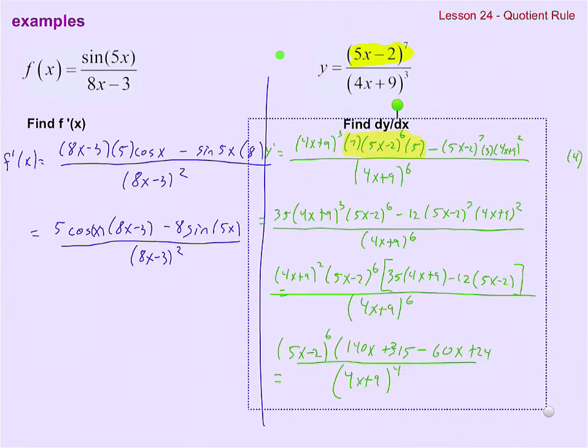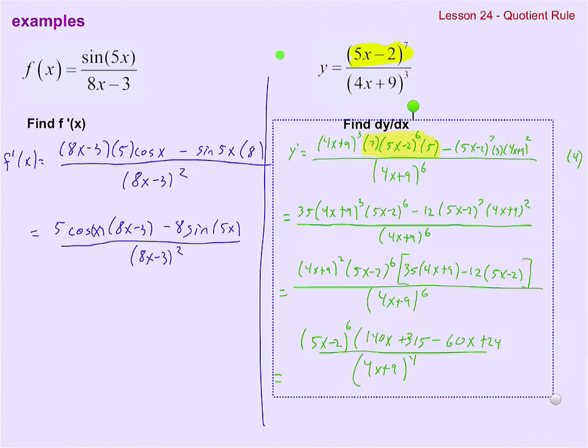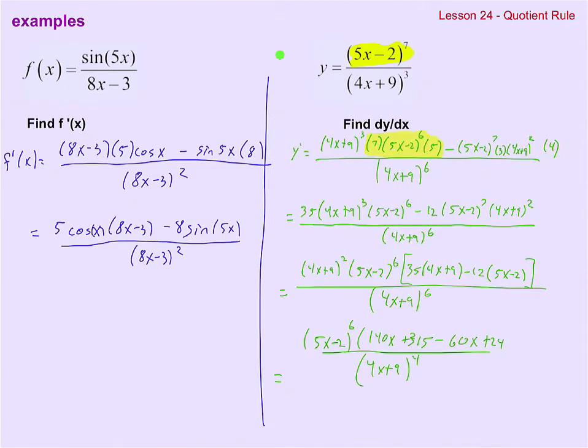Give myself a little bit more room here. And so I can write this one last line here. I can put together these last two terms, 5x minus 2 to the 6th that's staying put, but 140x minus 60x, and 315 plus 24. And this is one long, tedious process to get a derivative.